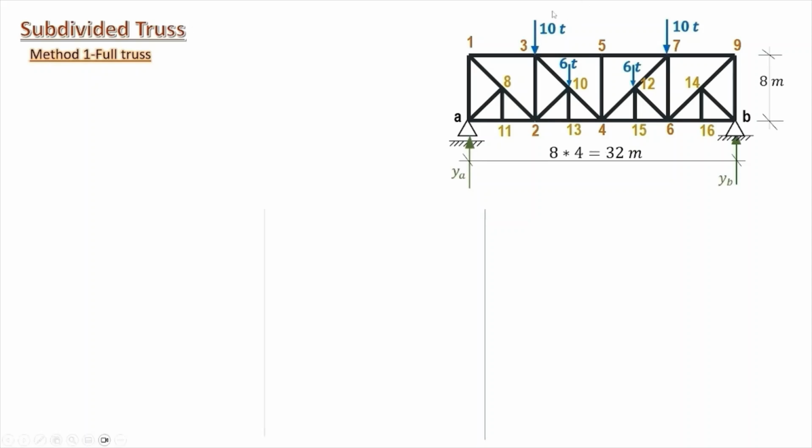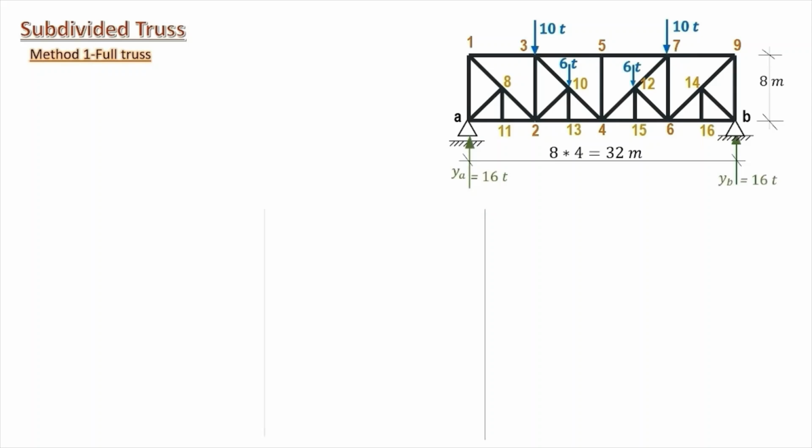And we have for each part of the symmetry a 10 ton load on the upper chord and a 6 ton load at an internal joint here. From symmetry, we can conclude that YA equals YB, each 16 tons.